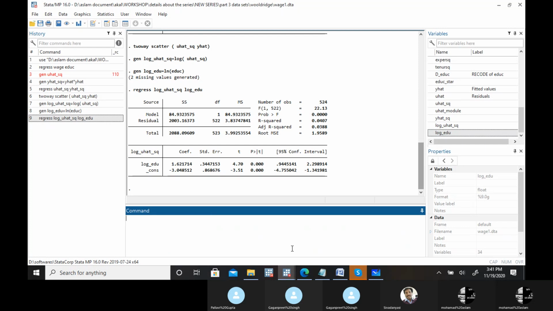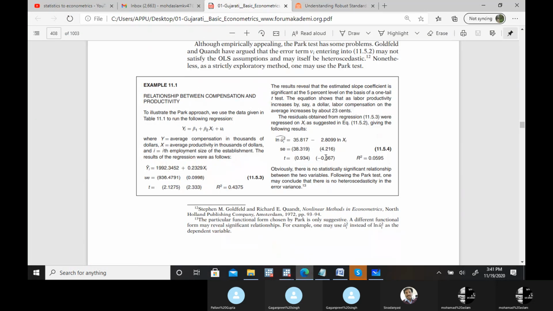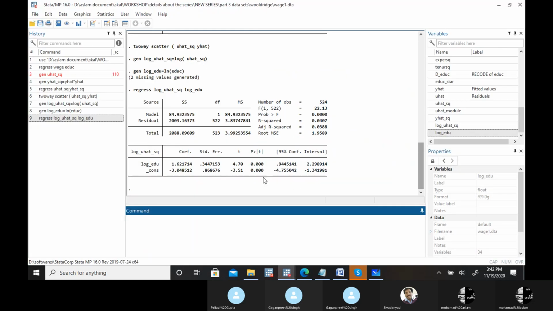And now what we have to see is whether this relation is statistically significant. If the t value is too small, that means it's not statistically significant. In our case, it's statistically significant, so it means there is heteroscedasticity.